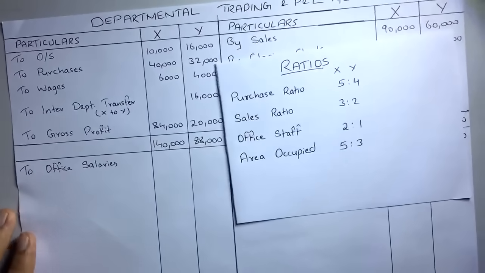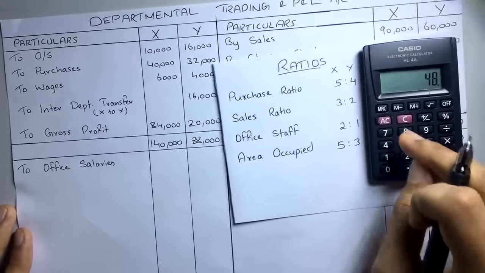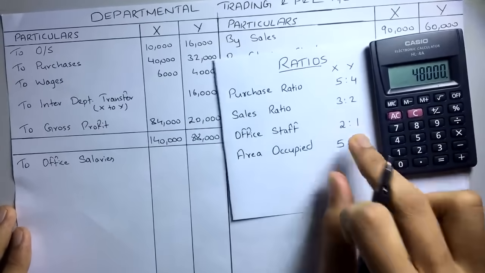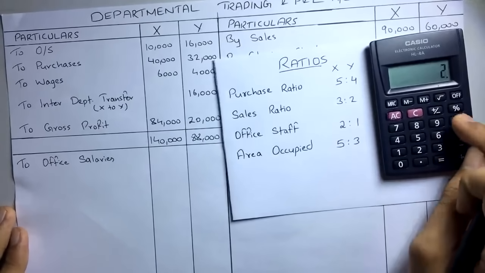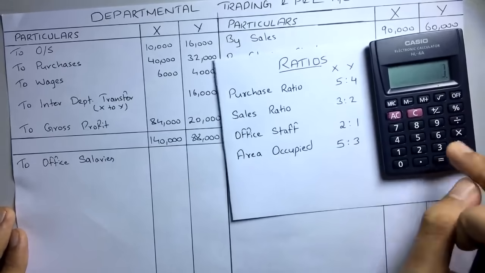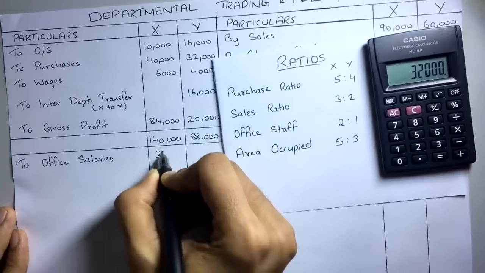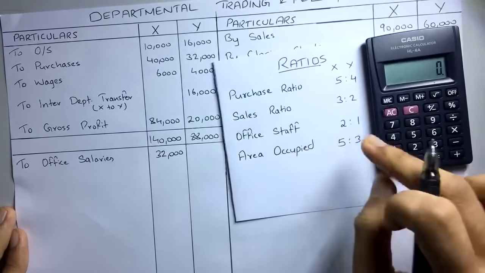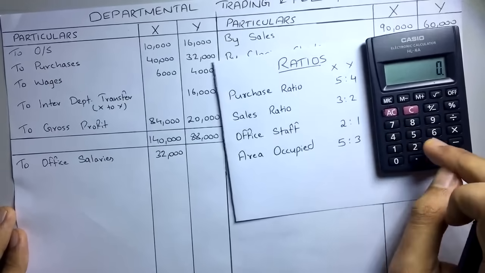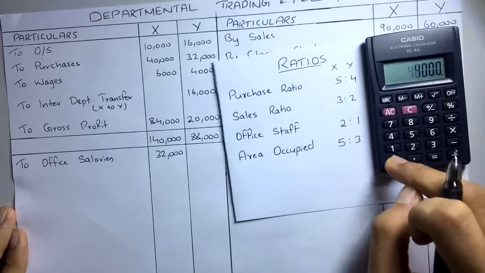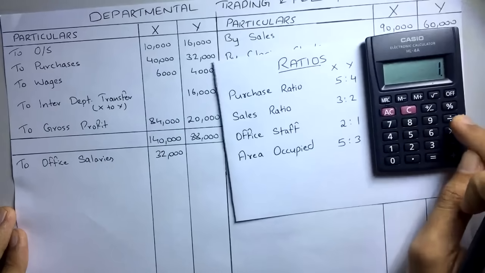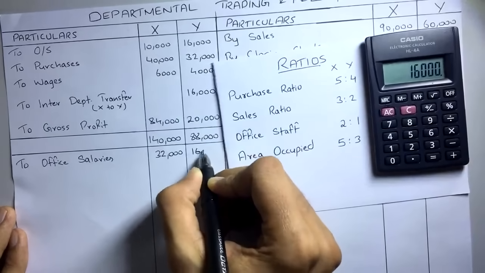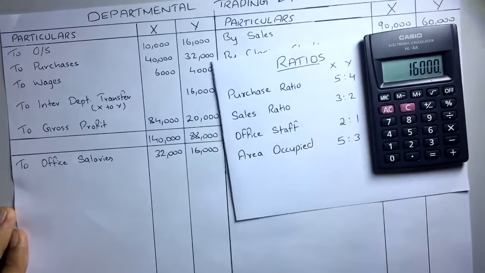So you have to calculate now. 48,000 into 2 divided by 3, that is equal to 32,000 for the X department. And now for the Y department, 48,000 into 1 divided by 3 is equal to 16,000. Simple.